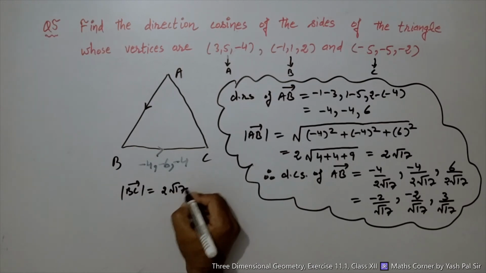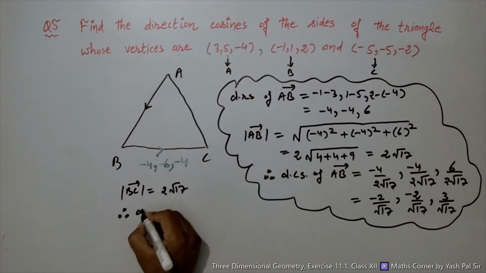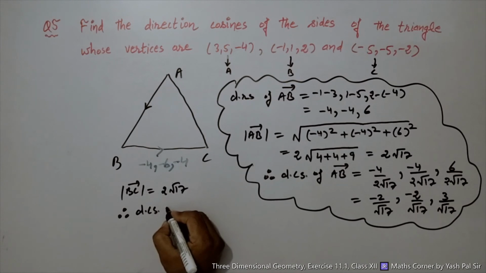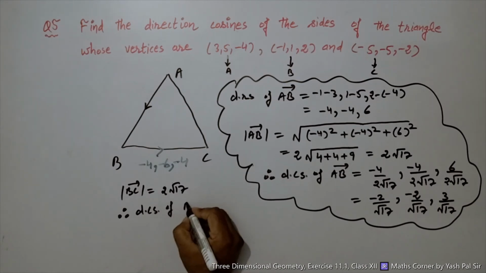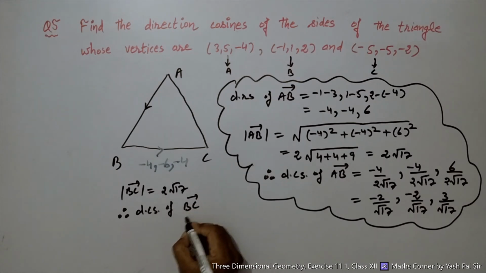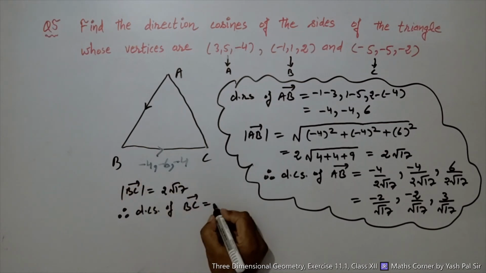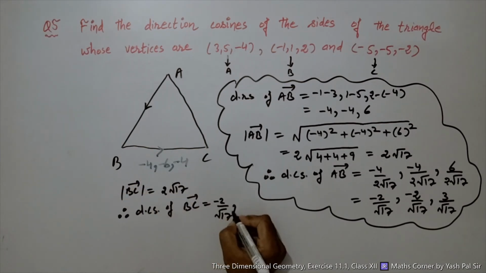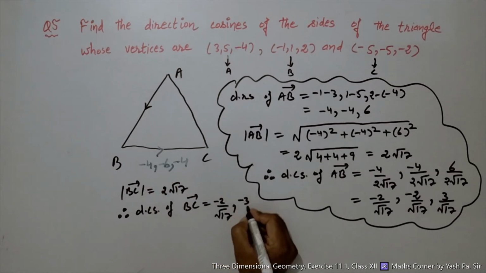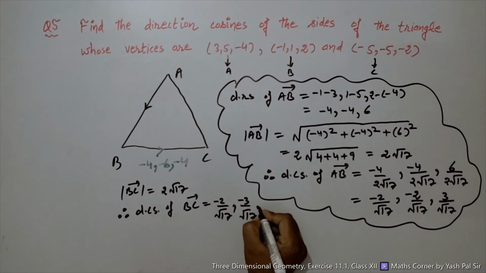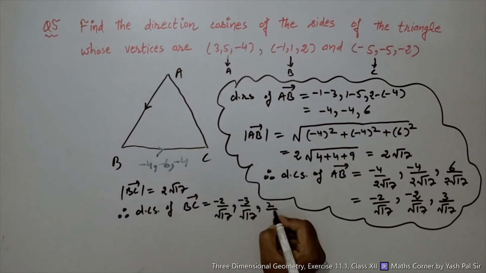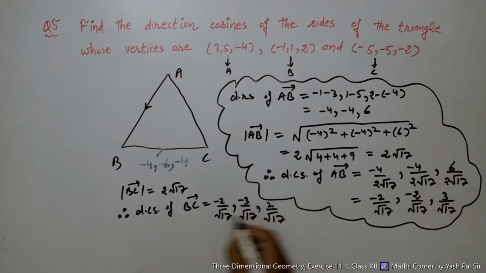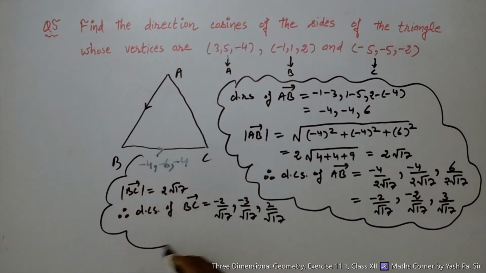What is the same? 2 square root of 17. Therefore direction cosines of BC are -2 upon square root 17, -3 upon square root 17, -2 upon square root 17.